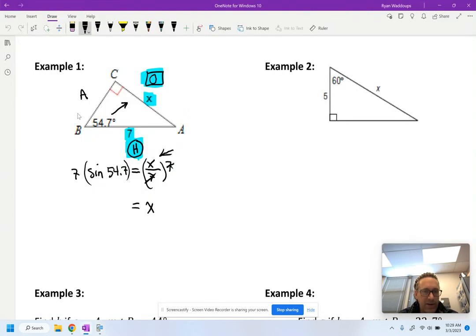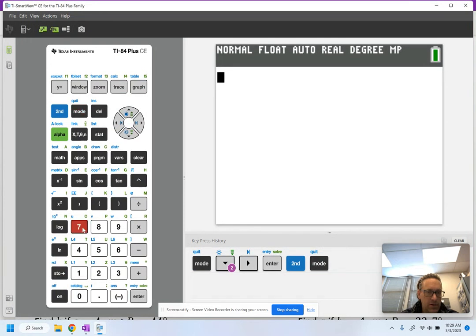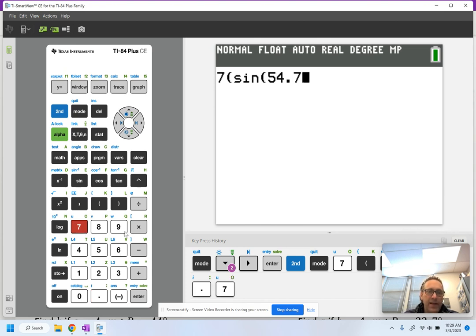And then I can just type in what I had there. I've got 7 times the sine of 54.7, and that's degrees, but I don't need to write degrees. I don't need to put degrees in there because we already changed that in the mode.